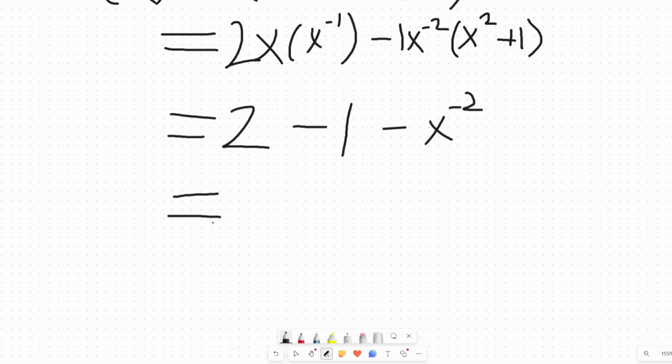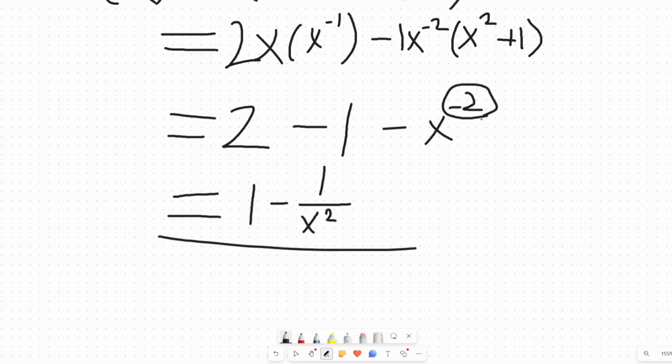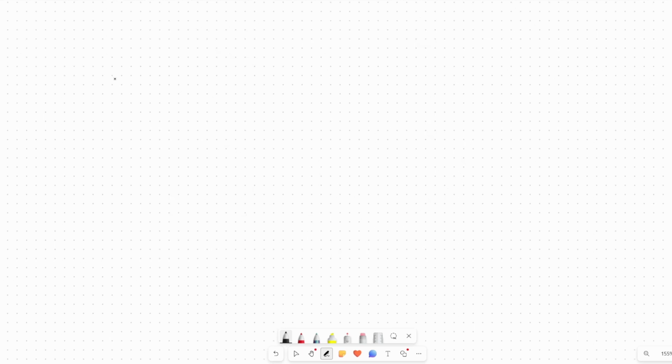All right, now that can just be written as 1 minus 1 over x squared. All right, because remember, when you have a negative exponent, you can just throw it in the denominator and put a 1 on top. I now have a bonus problem if you found those ones too easy.